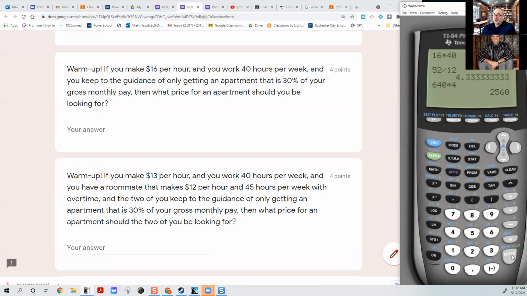How do I find 30% of a number? We've been doing a lot of this in this class, and you guys are getting pretty good at taking percentages of numbers. Percent is out of 100%, so 30% out of 100%, we would divide by 100.